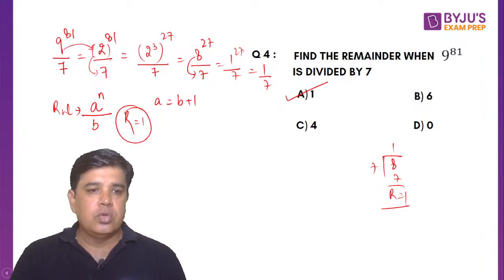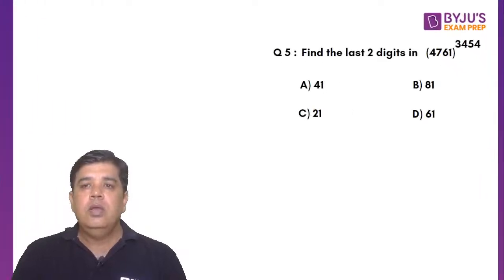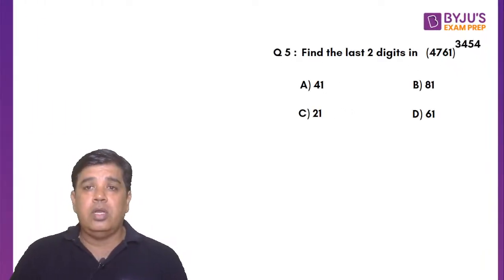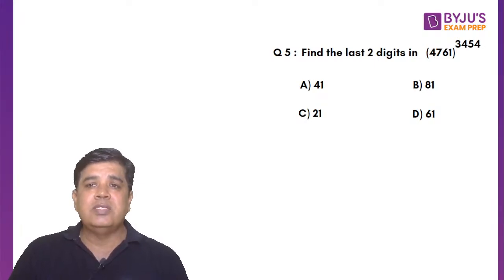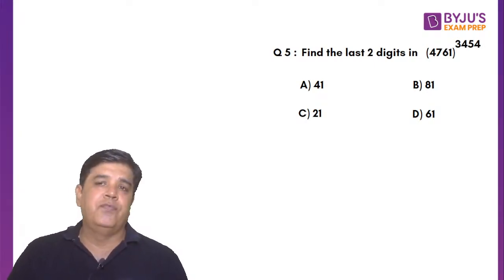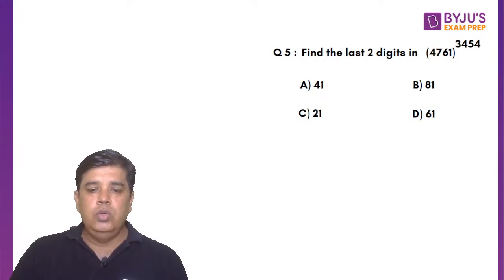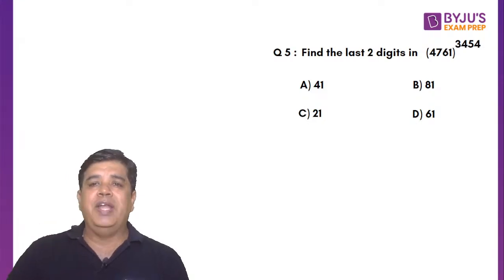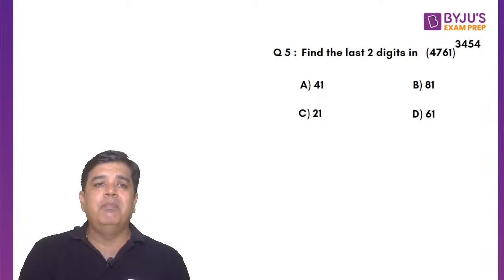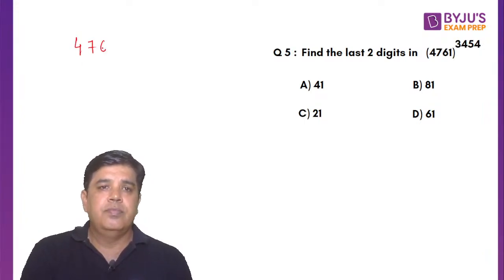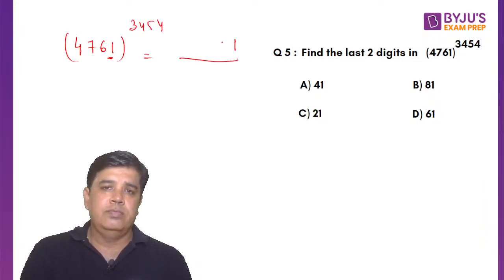Next question. Find the last two digits, not the last digit, the last two digits for the number 4761 raised to power 3454. This is a very important type, students. This is the extension of finding the unit digit. Let me tell you, if a number is ending with 1, then its unit digit is always 1.